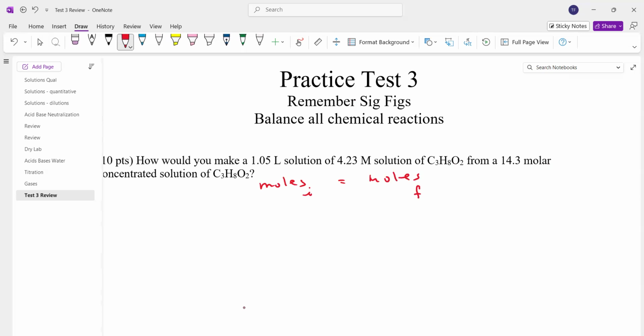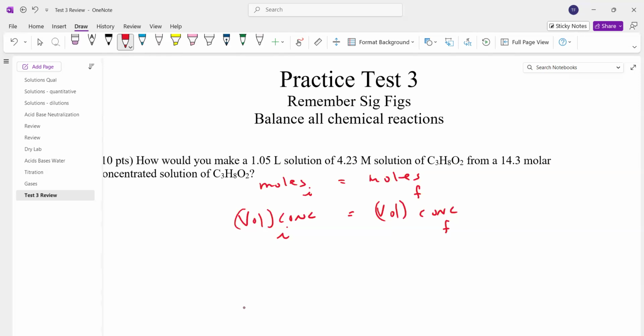When we're talking about liquids, moles is the same as volume times concentration: initial volume times initial concentration equals final volume times final concentration.